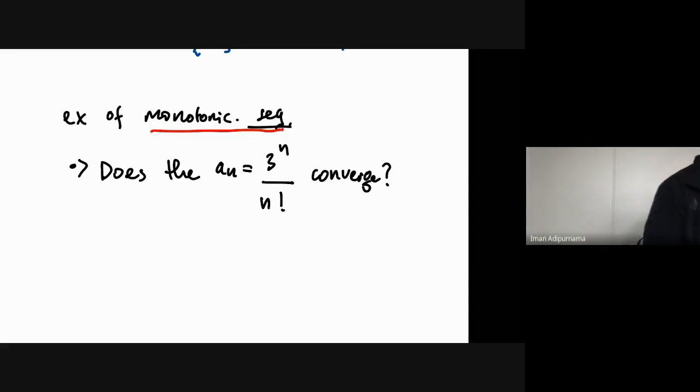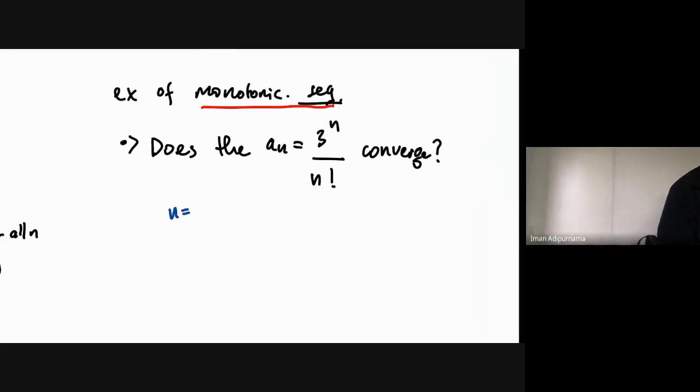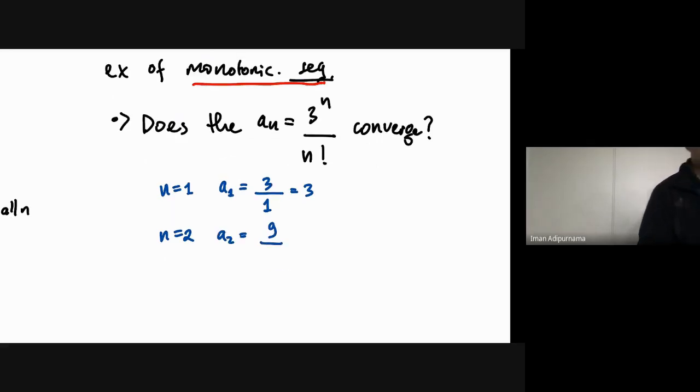Let's just write from n equals 1. a1 is 3 over 1, so 3, right? And a2 is 9 over 2 factorial, which is just 2, so maybe I can write 4.5.